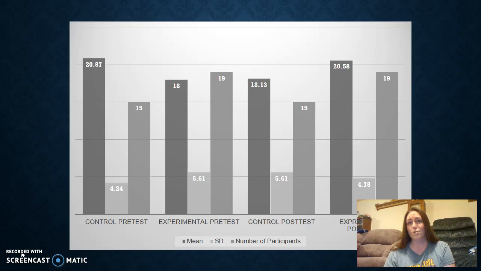The experimental group scored similarly before, with a mean of 18 and a standard deviation of 5.61. After the treatment, a mean of 20.58 with a standard deviation of 5.79. The results showed a slight difference in the experimental group, with an increase in the mean from the initial score to the end score with an average of 2.5 points, while the control group actually decreased their average.